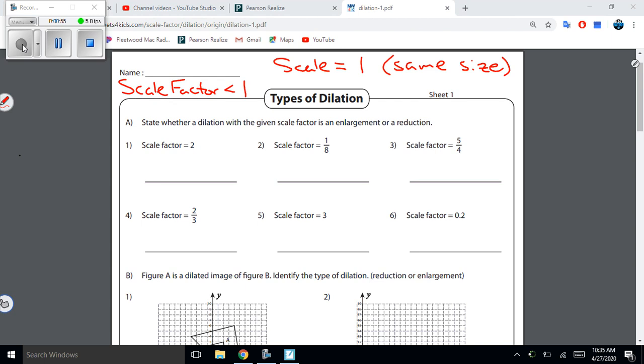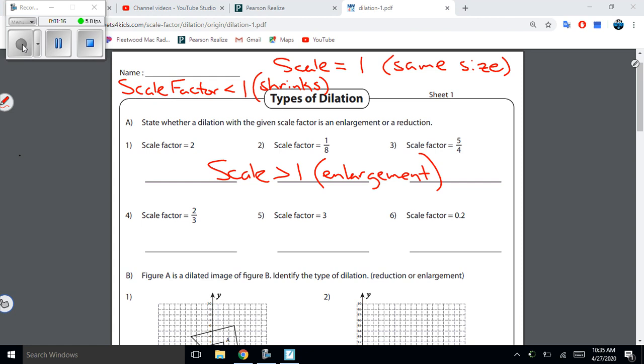That means it shrinks or it reduces. And if the scale factor is greater than 1, that means we have an enlargement. All right, so that's some pretty basic stuff right there. And so that should allow you to move through this particular worksheet rather quickly.